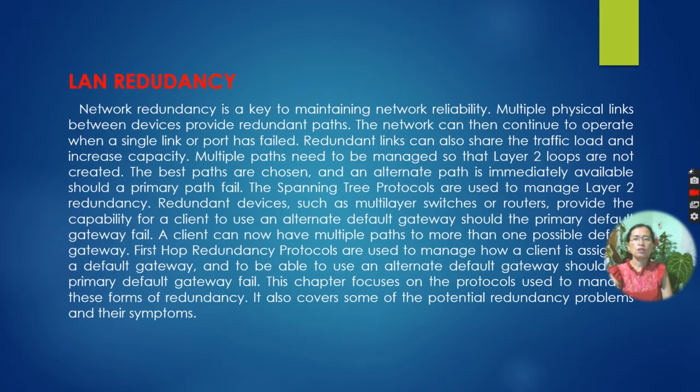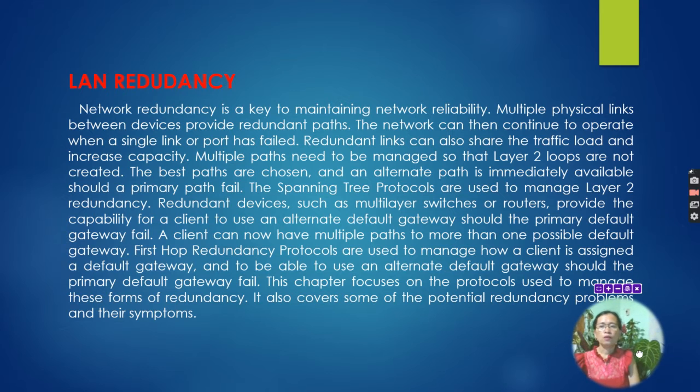Redundant devices such as multilayer switches or routers provide the capability for a client to use an alternate default gateway. Should the primary default gateway fail, a client can now have multiple paths to more than one possible default gateway.